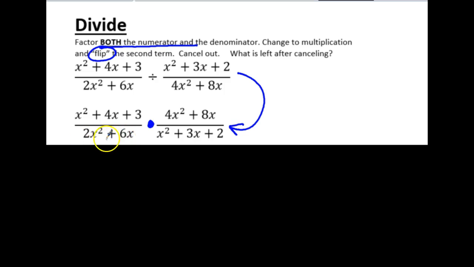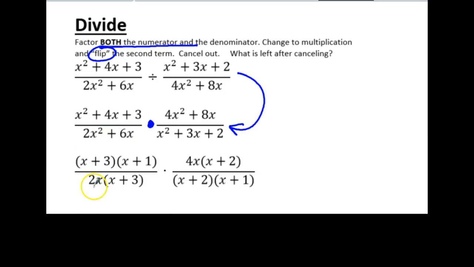Well, 2. And do they both have an x? And so you would factor out a 2x out of this denominator. And when you factor out a 2x, you have x plus 3. When you have a binomial that's not a difference of 2 squares, it's not a perfect square, you look for a GCF to factor out.